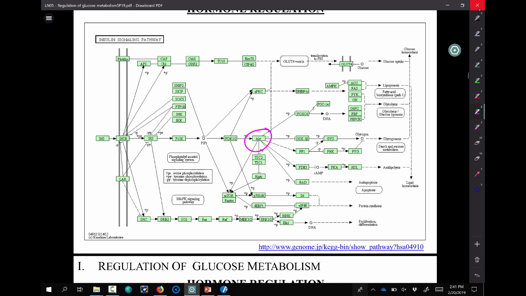And that causes you to say 4-letter words directed at someone like me that's going to hold you accountable for them, right? So we're not going to go beyond that. We'll talk a little bit about the end results all the way at the end of this slide, but we won't talk a lot about the stuff in between. So this is insulin signaling. What we just did essentially is this.